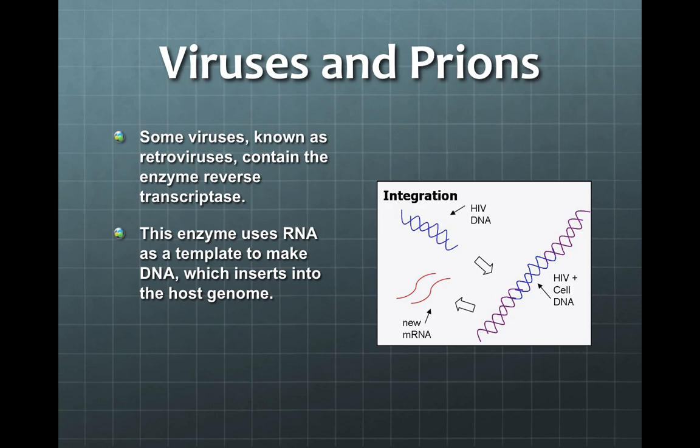The world's best-known retrovirus is HIV. This enzyme uses RNA as a template to make DNA, which inserts into the host DNA. So a retrovirus is basically taking RNA and making it into DNA.